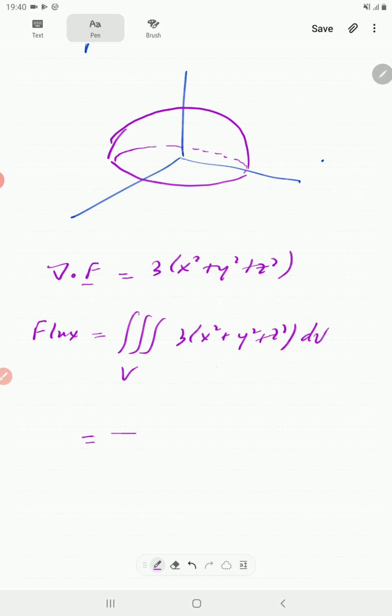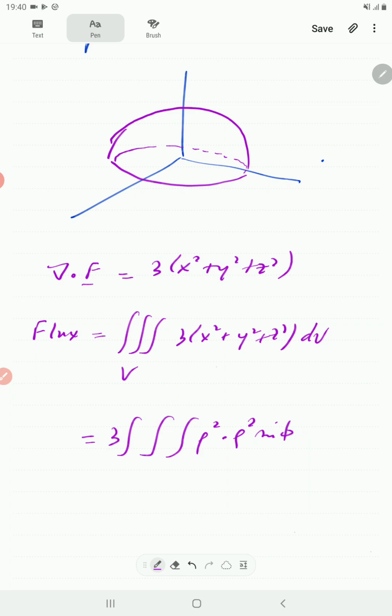So if we do that, this is going to be 3 rho squared, so rho squared there. Then the Jacobian, if we're going from Cartesian to spherical polar, is rho squared sine phi, where phi is the solid angle.